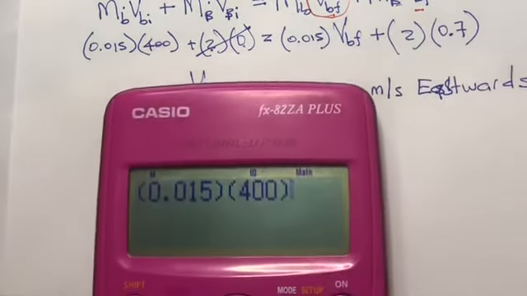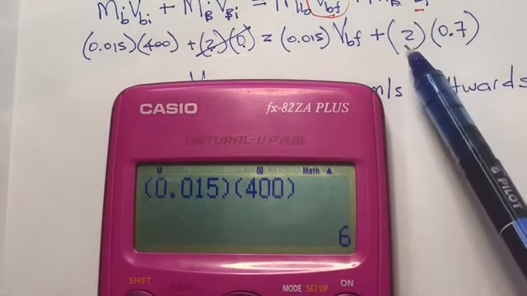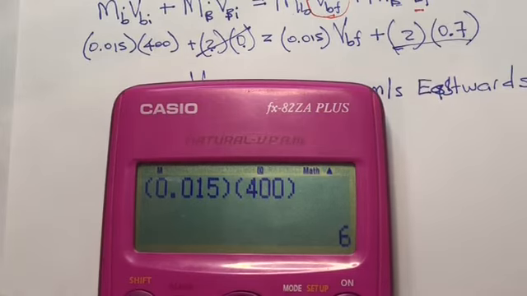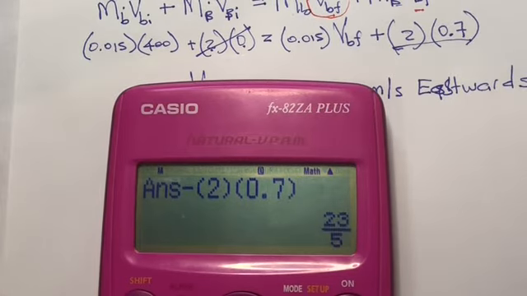So I can just decide to ignore that part in my calculations and say it's equal to 6. Remember, that 6 I subtract with that part. So it's minus 2 times 0.7, which is equal to 4.6.